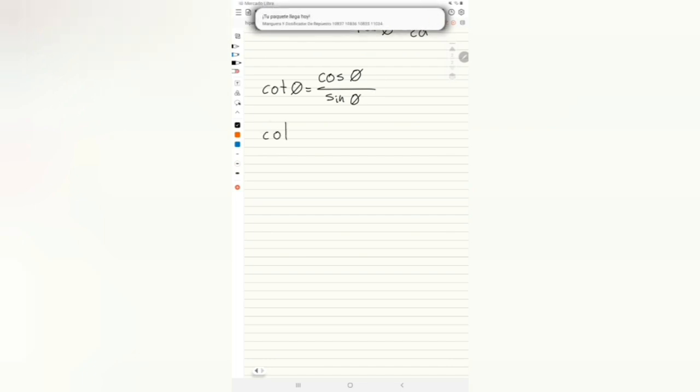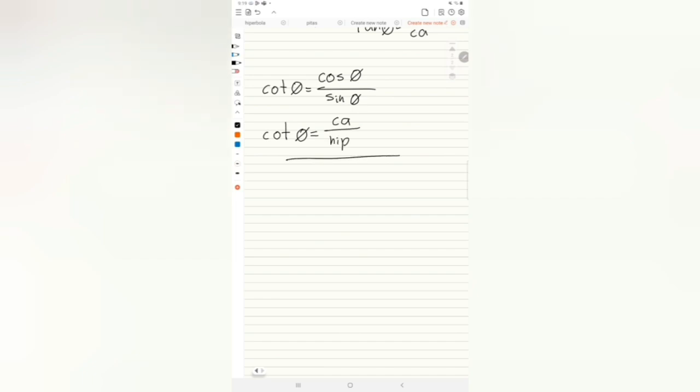We can put this again in terms of the functions, and we say that the cosine is equal to the adjacent leg divided by the hypotenuse, and the sine is equal to the opposite leg divided by the hypotenuse.